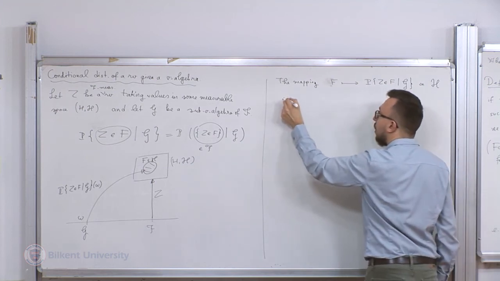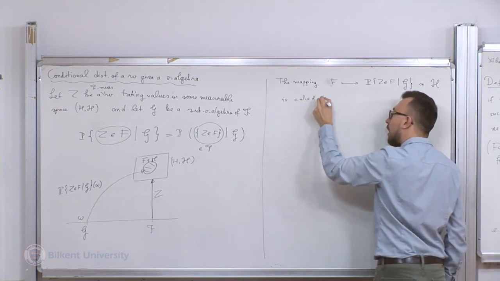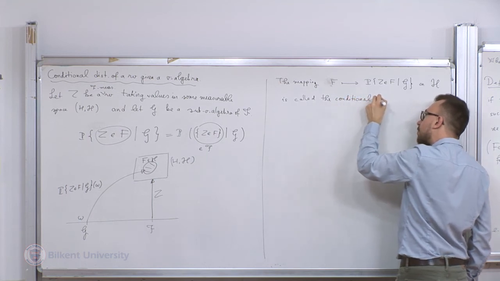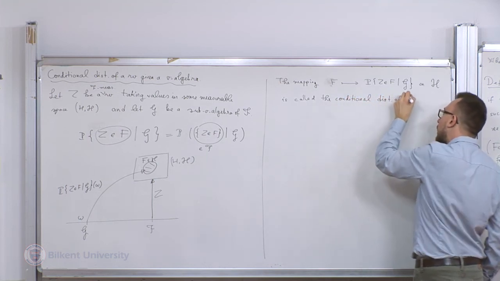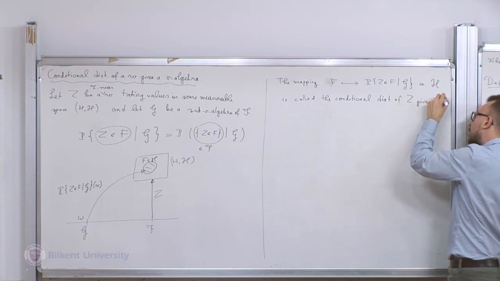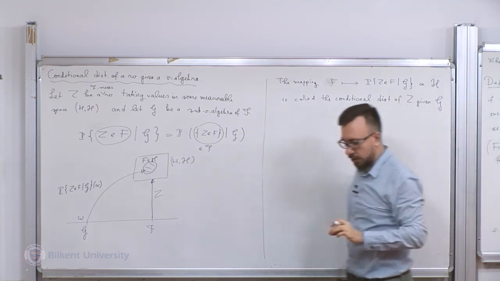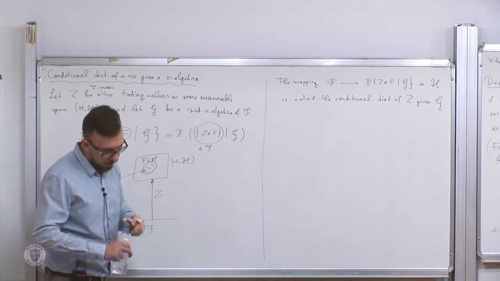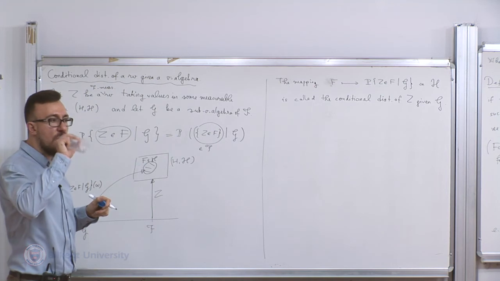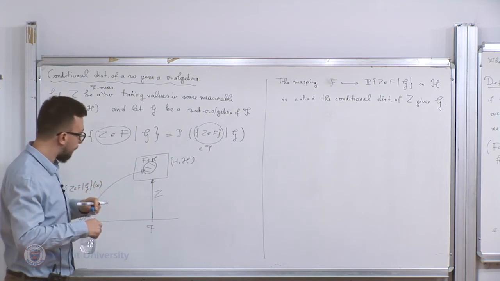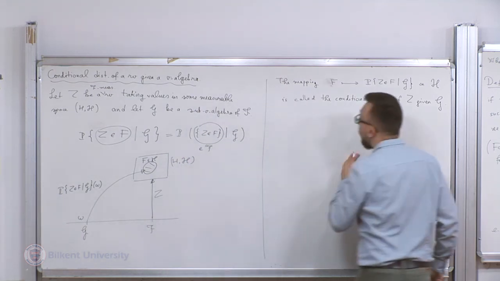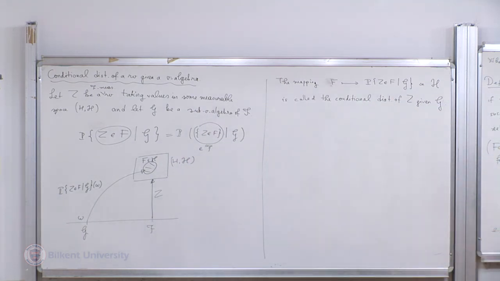This is called the conditional distribution of Z given G. And again, we worry about versions. For each F, we pick one version of this conditional probability.